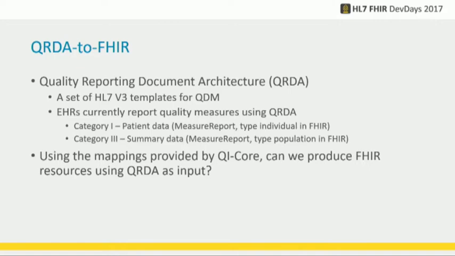But category 1 would mean that you're actually translating the patient's data from the QRDA representation into FHIR resources. So the idea is, can we leverage some of the investment and infrastructure that existing EHRs have to produce QRDA to get some of this data? So that's the question there.